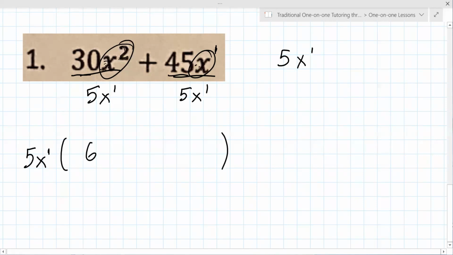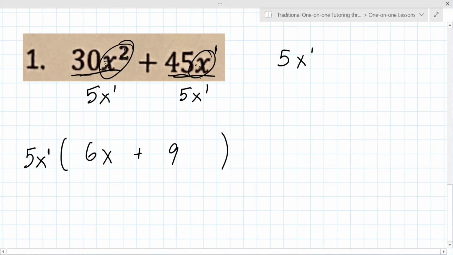Very good. X squared divided by x is? X, so 5x. You get x times x up top and just an x on the bottom, so they cancel, leaving you just an x.